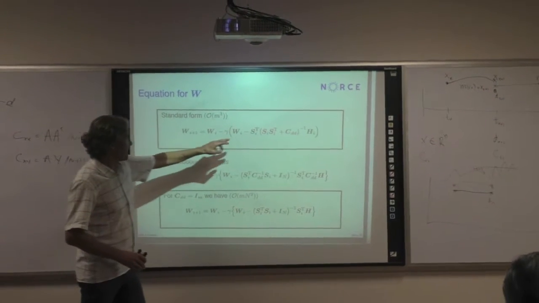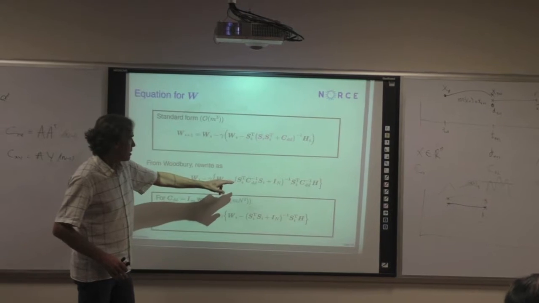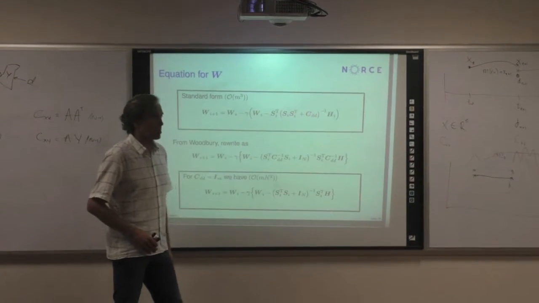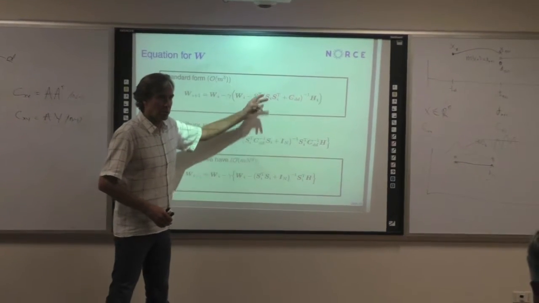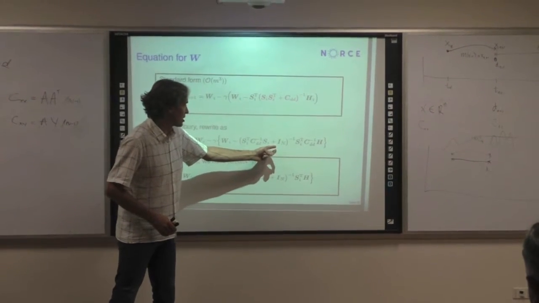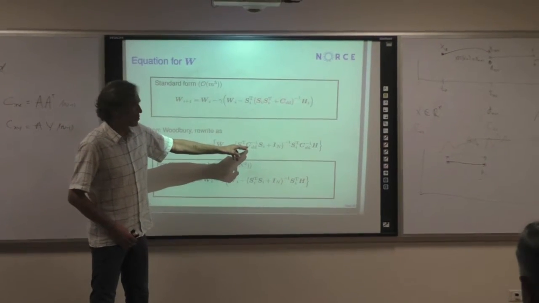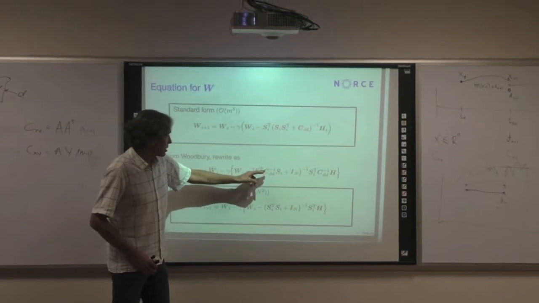If you use Woodbury, then you can rewrite this equation in this form. And the nice thing now is that this inversion here is in the ensemble space, so it's N squared. It's not m, this is N squared. It's ensemble realization squared in size. Still, you have to compute the inverse of the error covariance matrix for the measurements.